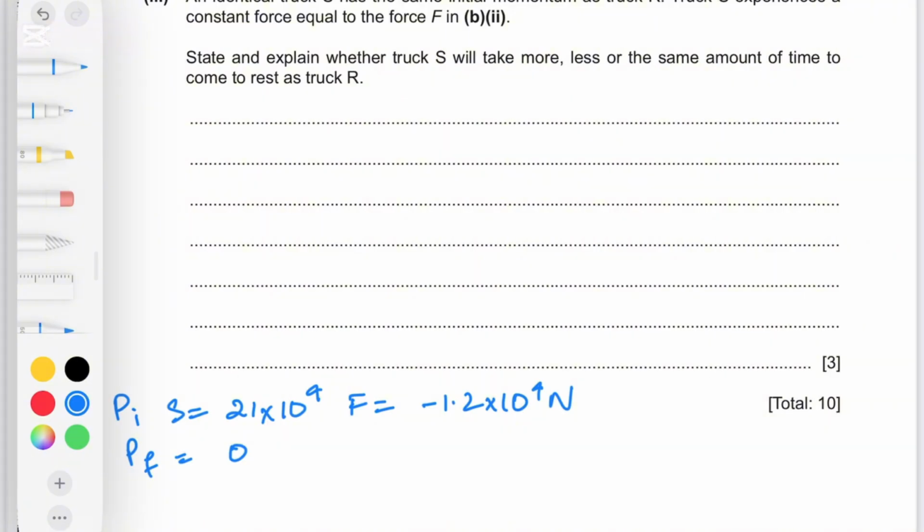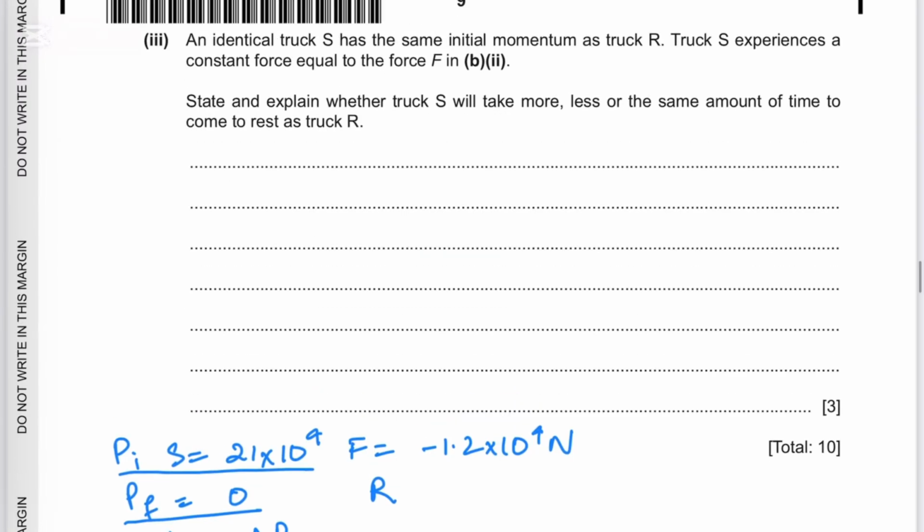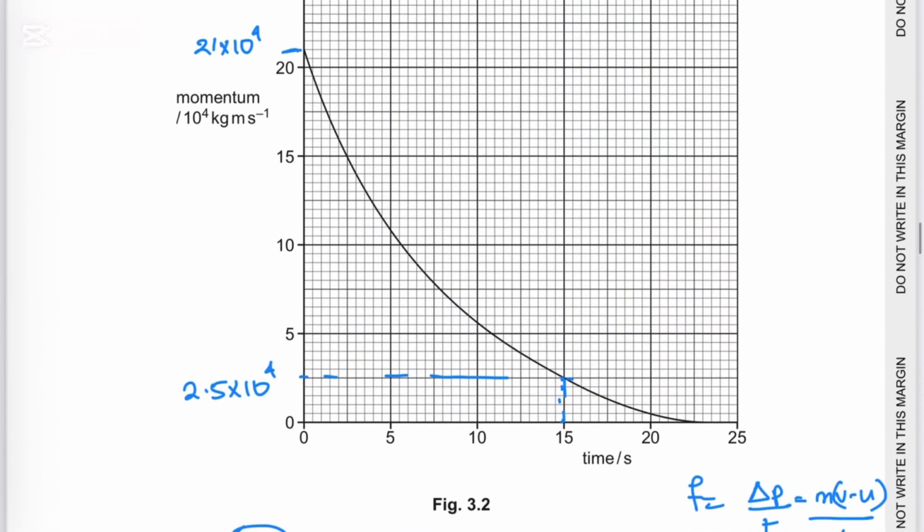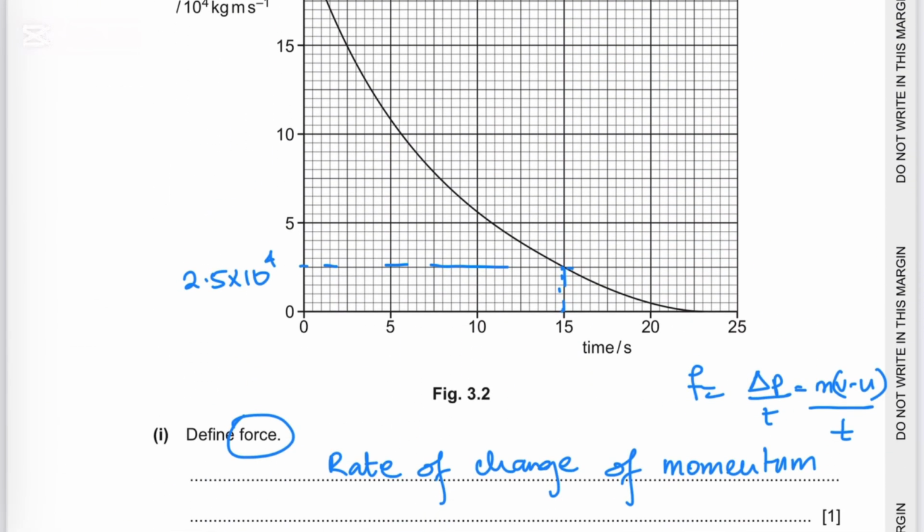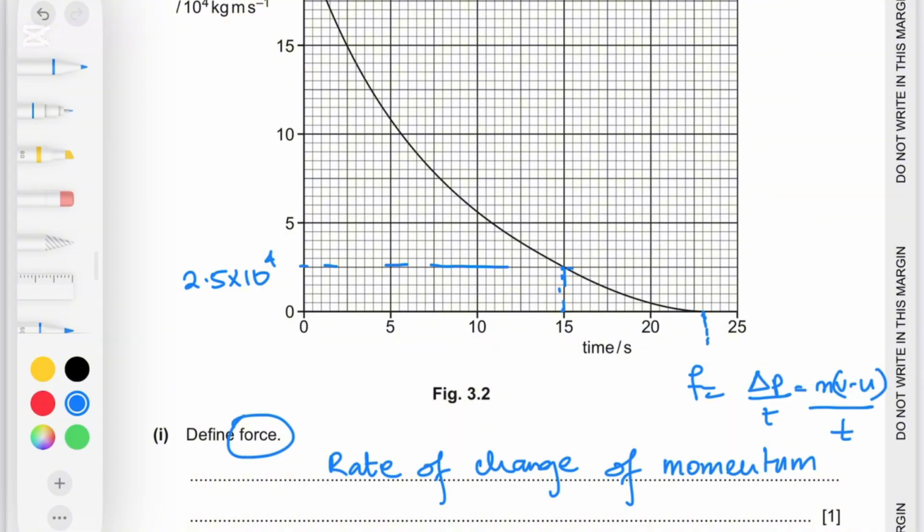Because both the trucks have the same initial and final momentum, that means they have the same change in momentum. So change in momentum for truck S is equal to change in momentum of truck R. The time taken for truck R to come to rest can be found using this graph. It comes to rest when the momentum drops to 0, which is somewhere around here.